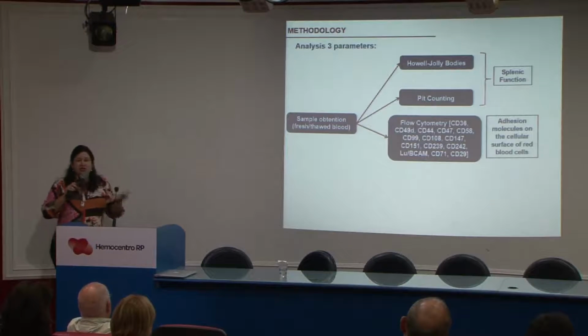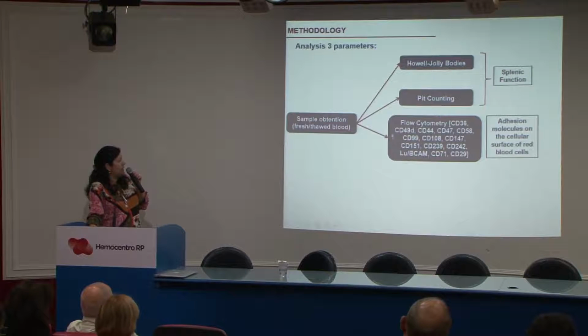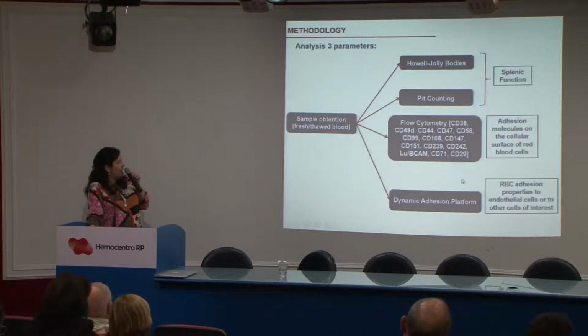We will analyze the adhesion molecules on the cellular surface of red cells by flow cytometry. We have a great panel of markers for adhesion molecules, including lubricant.